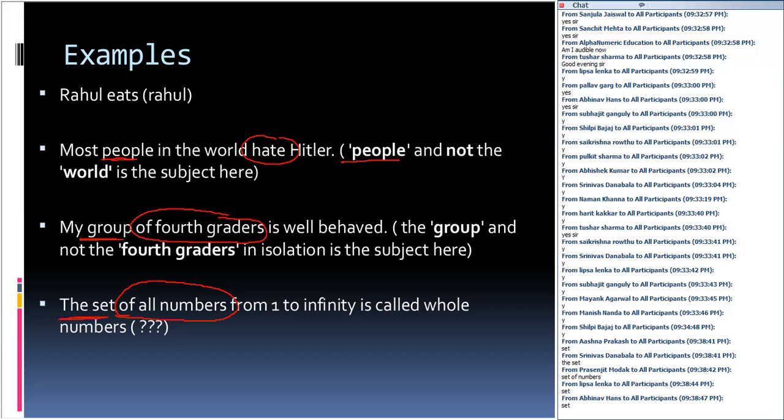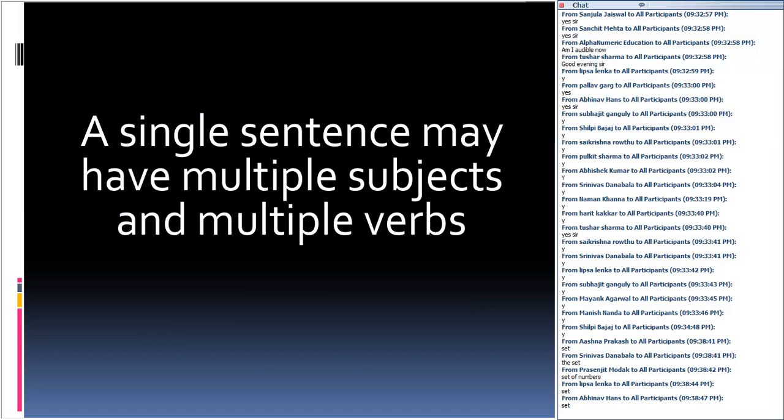Now, normally a single sentence has one subject, but there can be situations in which a single sentence has multiple subjects and multiple verbs, and therein the complications start. So please understand that a single sentence may have multiple subjects and may have multiple verbs.